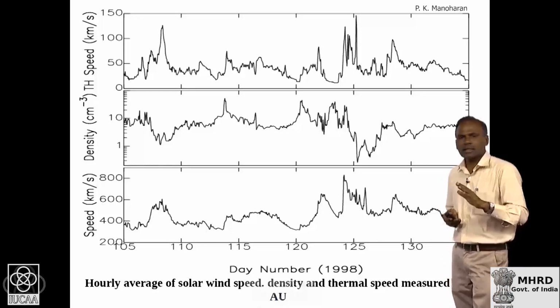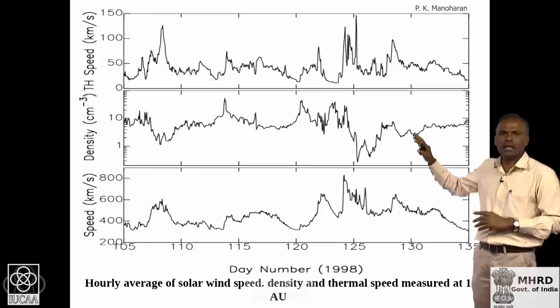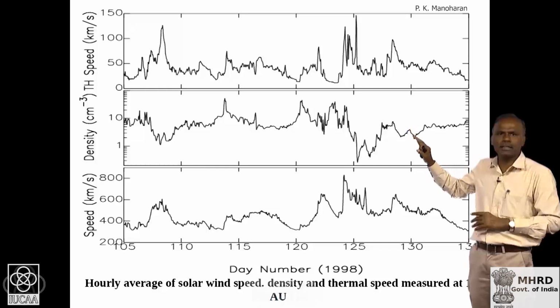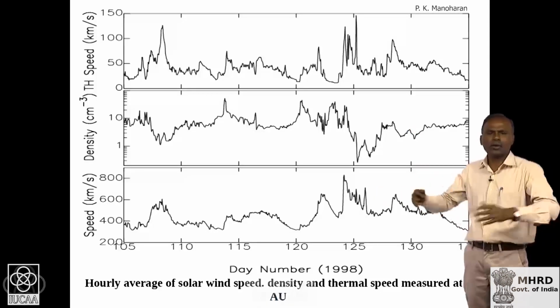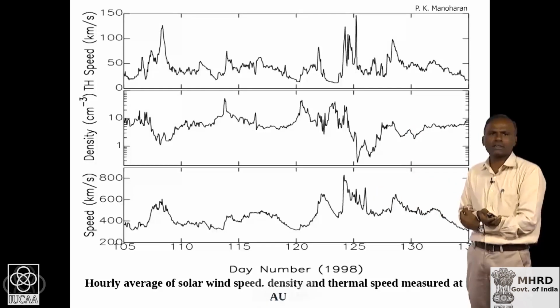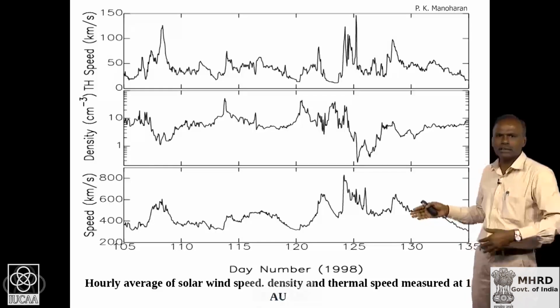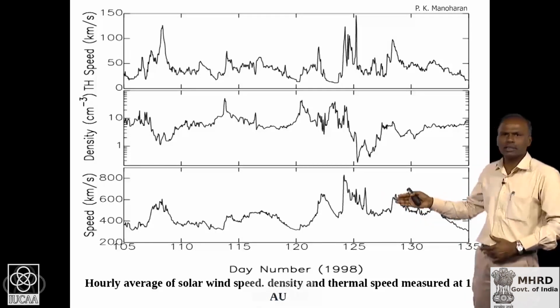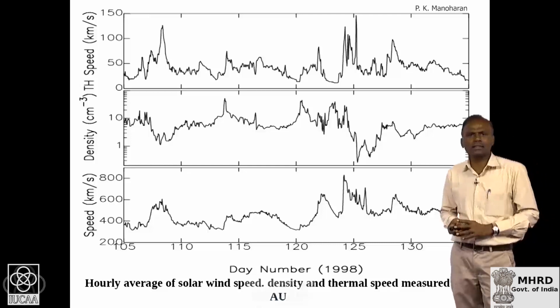So this plot shows the typical variation of thermal speed, density, and speed over one solar rotation. The x-axis is the day number, typically for 30 days.